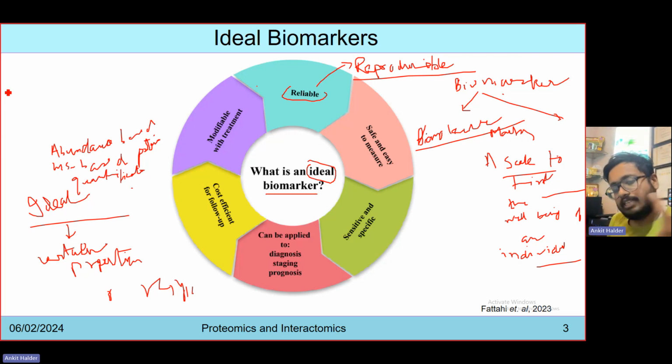Now, if we find that this particular protein is coming across the strategies, across the technologies, across the labs, across the populations, in a reproducible manner, for example if a protein is highly upregulated and it is coming across the population, then we can say it is a reliable one: it does not belong to a particular strategy, it does not belong to a particular sample preparation, it does not belong to a particular population, and it can be reliably done.